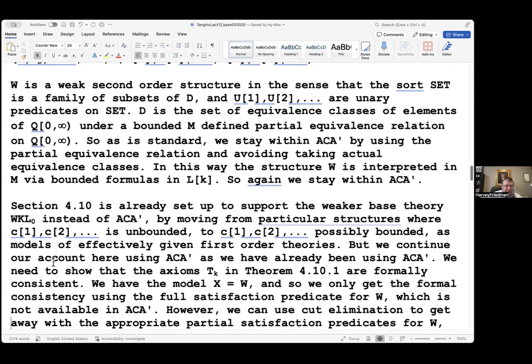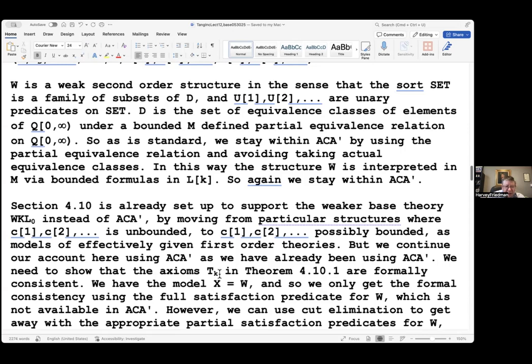But we can continue our account here using ACA prime since we've already been using ACA prime. We don't really gain anything for the purposes of this preliminary discussion with ACA prime because we already committed to more than a WKL naught. But this tail end of stuff in 4.10 is WKL naught like because we're talking about theories, first order theories, and the structures are just models of them.